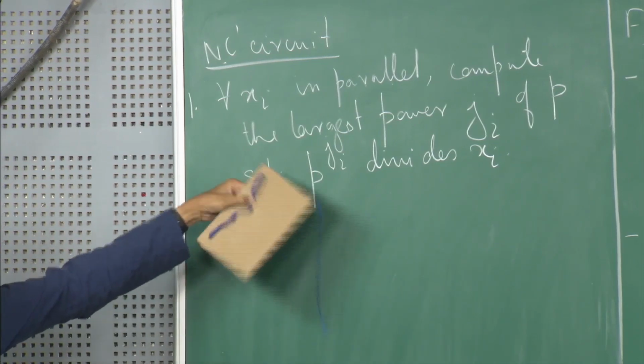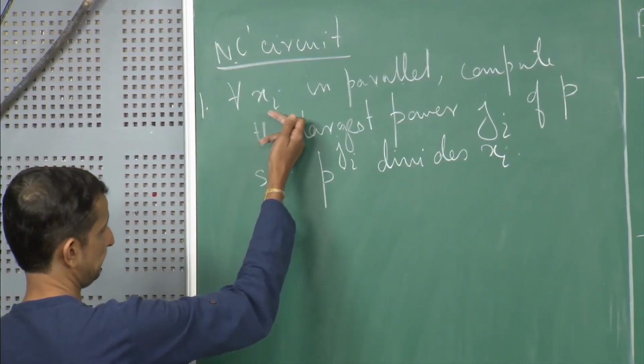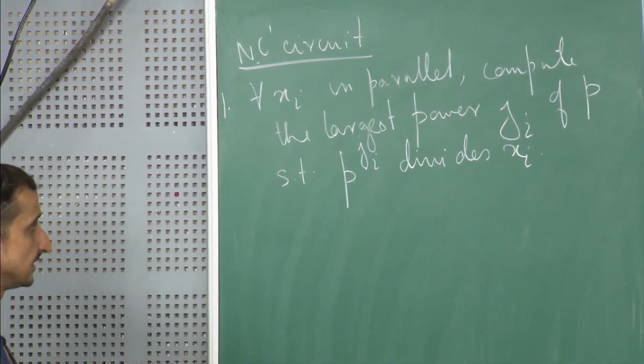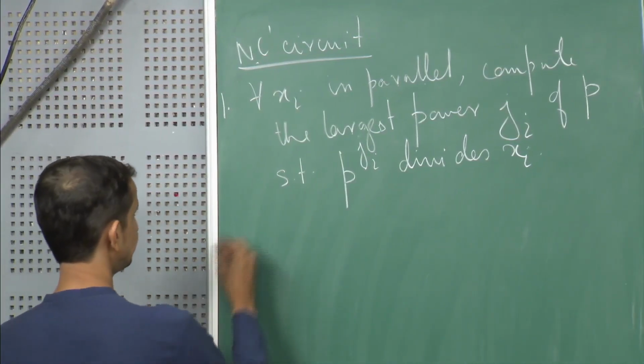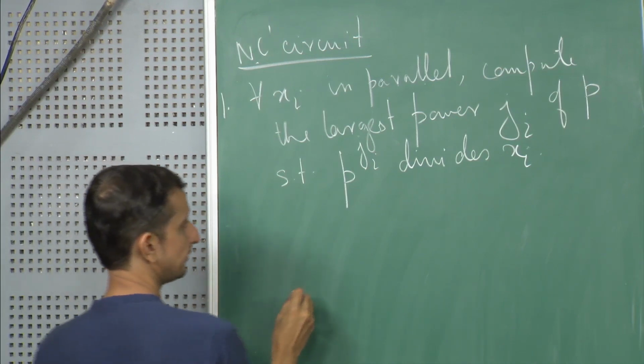Again we can do this by just repeatedly dividing by p at every step. So p is a small number. Next, we set the following.